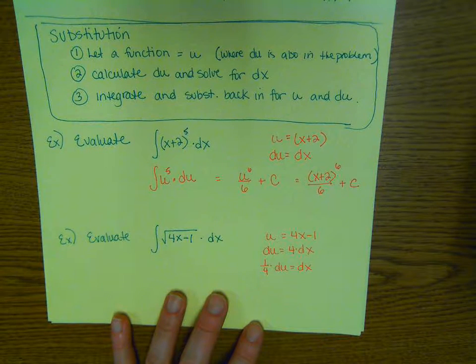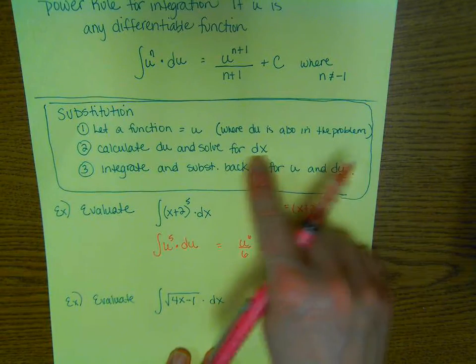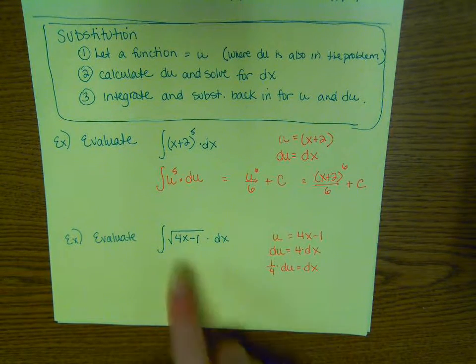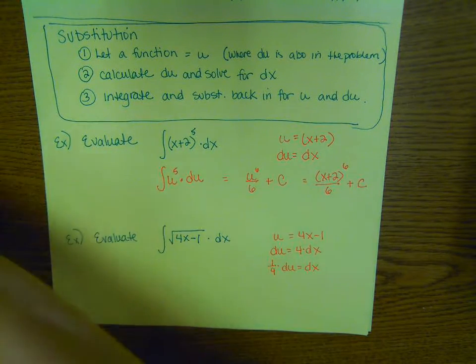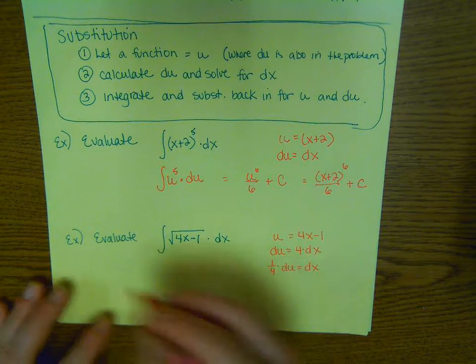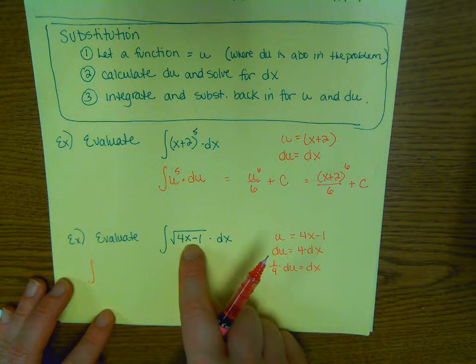Okay, so this is that part where I said solve for dx, because not only do we have to substitute out the expression, we also have to substitute out the dx. So let's rewrite now as u substitution. So this part is u to the 1/2, agreed?